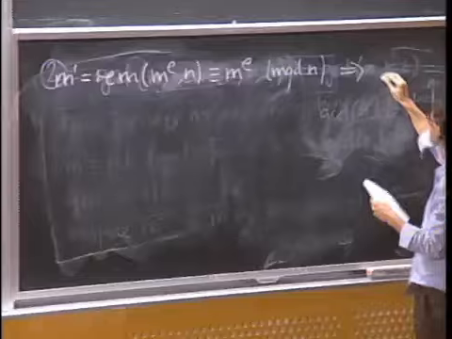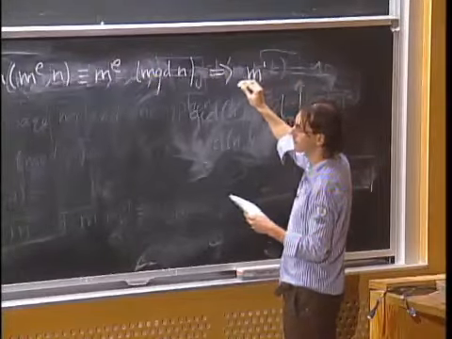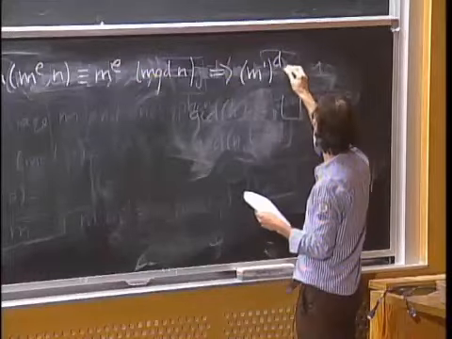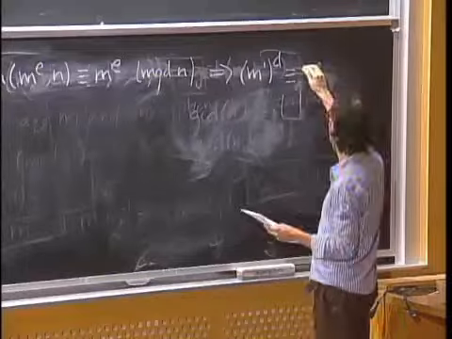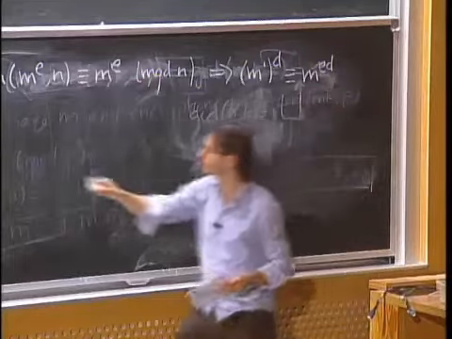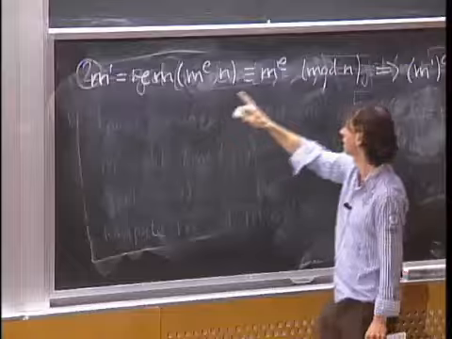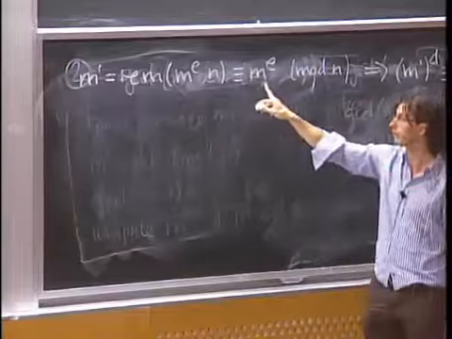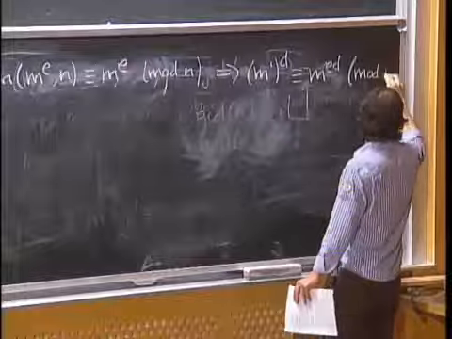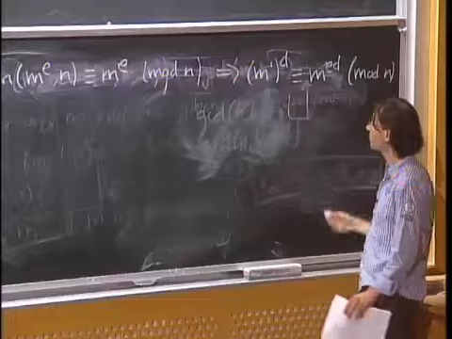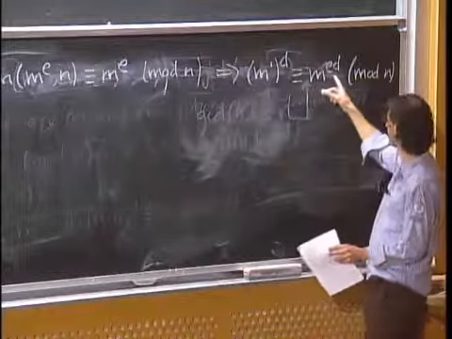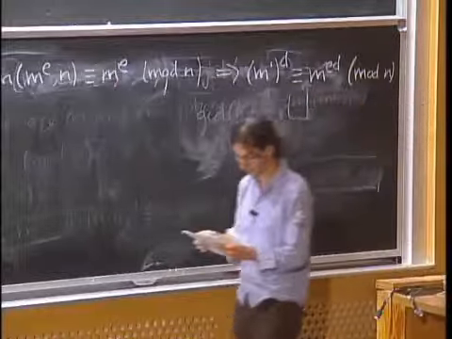This implies that m prime to the power d is congruent to m to the power e to the power d. I just raise this side to the power d, and I raise this side to the power d, and I know now that m prime to the power d is congruent to m to the power ed modulo n.